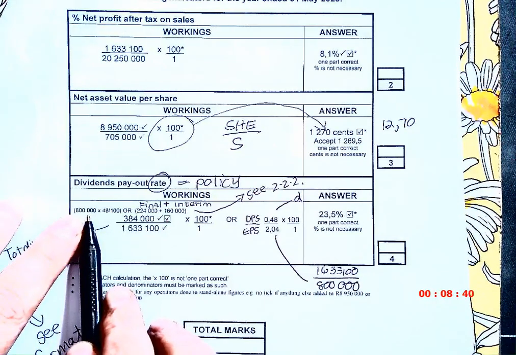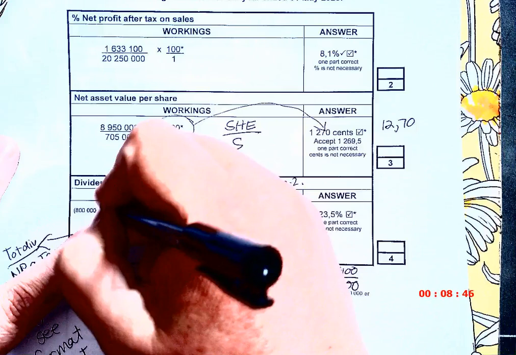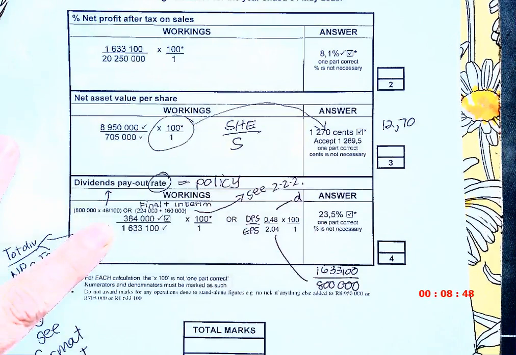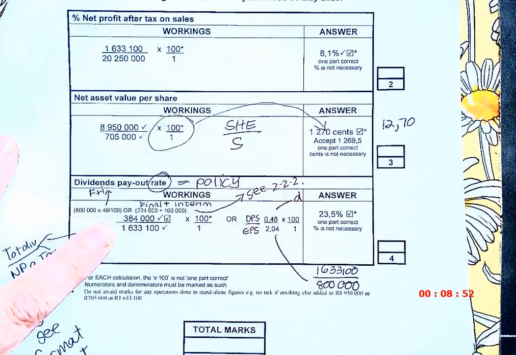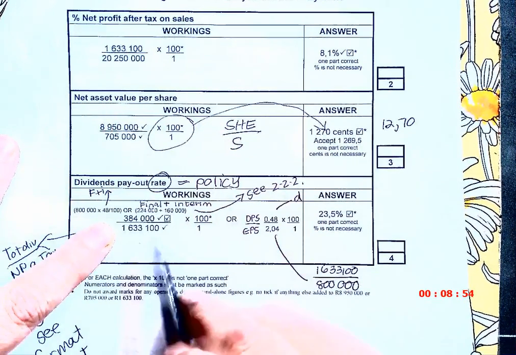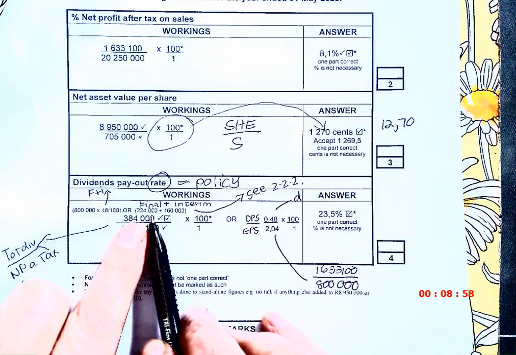What they did is they took the shares, ne? That 800,000 was the shares that each got 48 cents. Remember that 48 cents, remember yesterday, it's the final and the interim dividend. Alright? Or you can take the amounts.